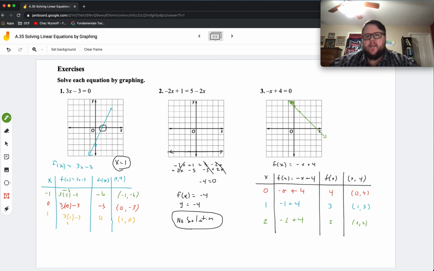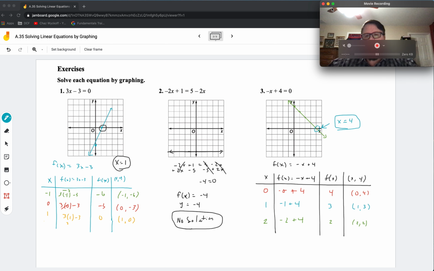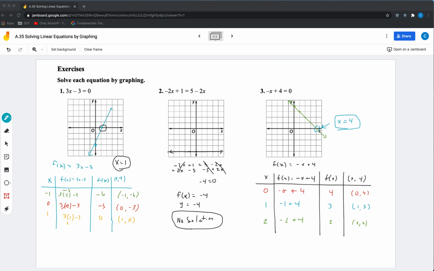And if you notice, my line crosses the x-axis, so I'm going to put a circle around it. Where is that value? Well, that is at x equals 1, 2, 3, 4. So x equals 4. It froze.